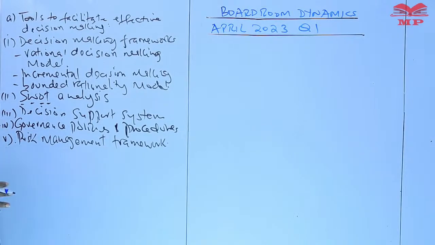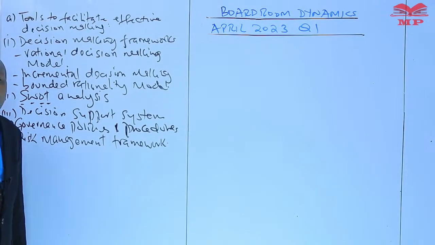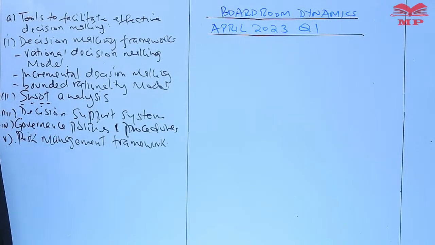That helps the directors make decisions while considering potential consequences and safeguards that the company may face. Establishing a risk management framework is another tool to facilitate effective decision making.